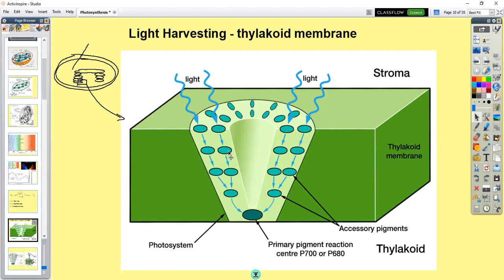So other pigments close to it, it'll cause them to vibrate as well, a bit like a domino effect. And that energy gets passed down the funnel to our reaction center, which is always a chlorophyll A molecule, which is either better at absorbing light at a wavelength of P700 or P680. So two different types of photosystems.